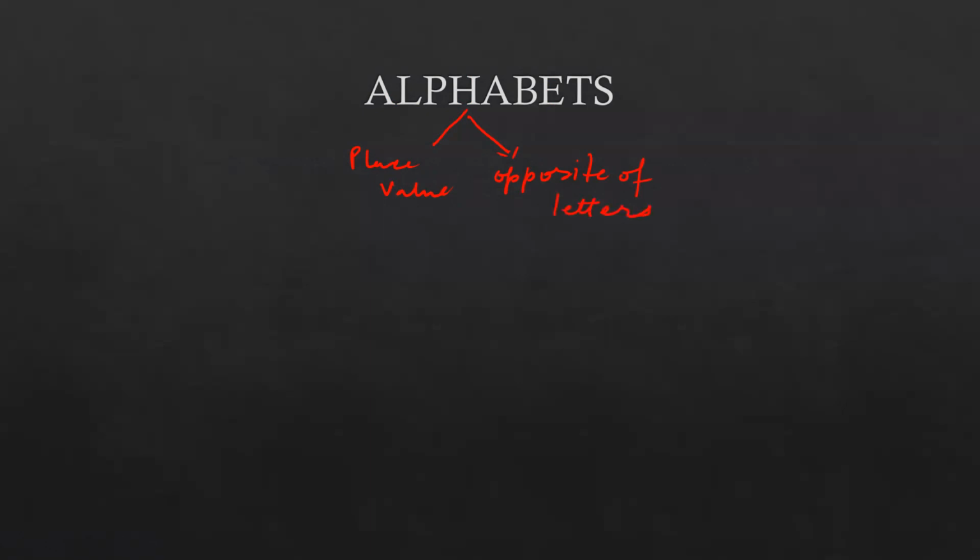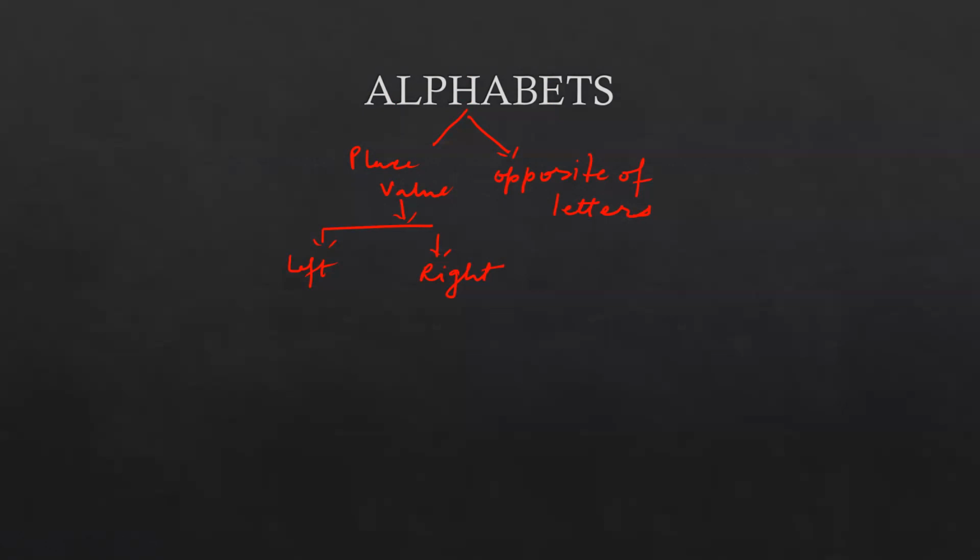In place value, we have to study it in two ways. First, we have to study it from the left side, and second, from the right side. There are 26 alphabets.